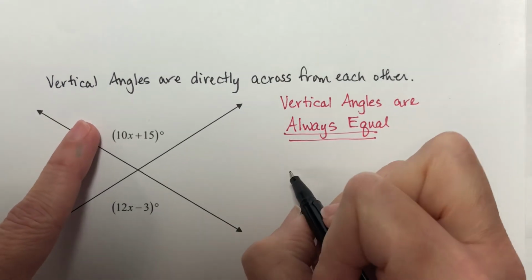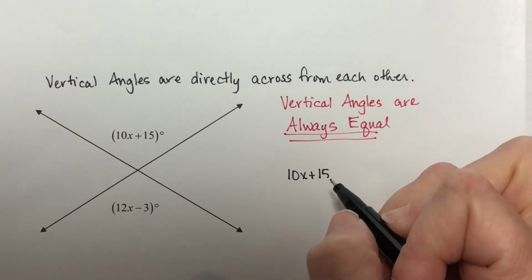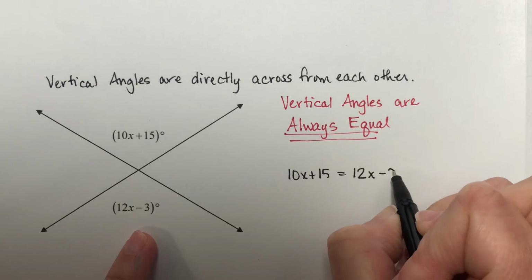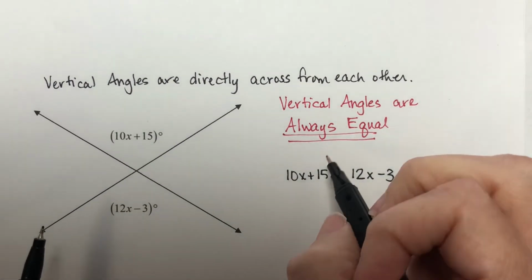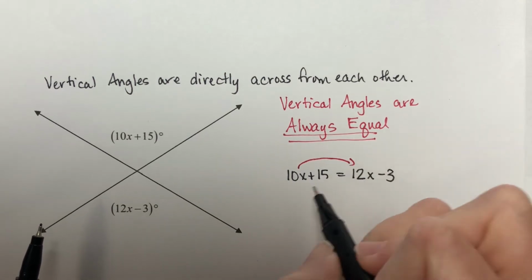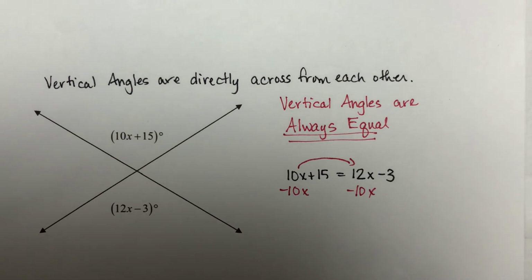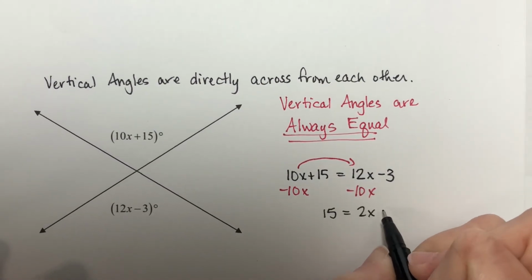So the equation I want to solve is 10x plus 15, my first angle, needs to be equal to my second angle, 12x minus 3. Now let's solve this. I want to get my x's together. I'm going to subtract 10x from both sides. And I get 15 is equal to 2x minus 3.